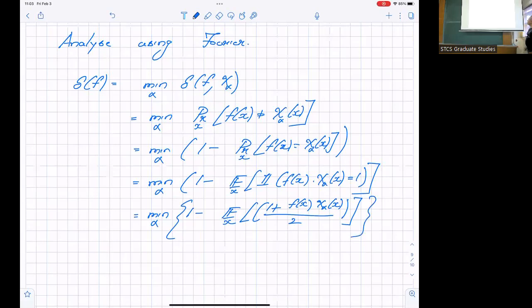Is that right? This is the indicator event that f of x times chi alpha equals 1. This quantity becomes 1 exactly when f of x times chi alpha is 1, because these are all Boolean valued functions, otherwise it's minus 1, in which case this is 0.